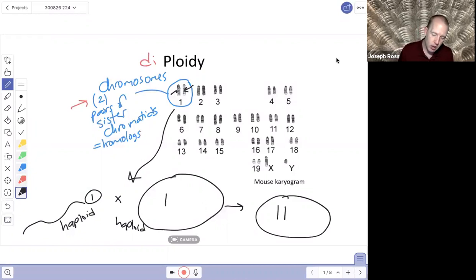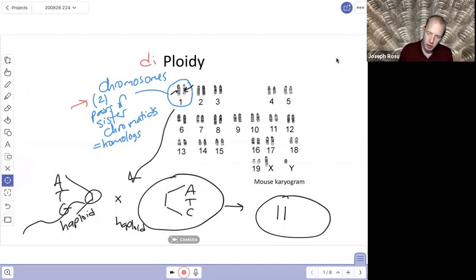father at fertilization. So if the DNA sequences of these chromosomes, we blew those up a little bit, was ATG, although chromosomes are much longer than 3 nucleotides, and if that one was ATC, the reason that geneticists determine that these are homologs, homologous chromosomes, is that the DNA sequences of the 2 chromosomes are very similar. That's how we know they're both copies of chromosome 1.